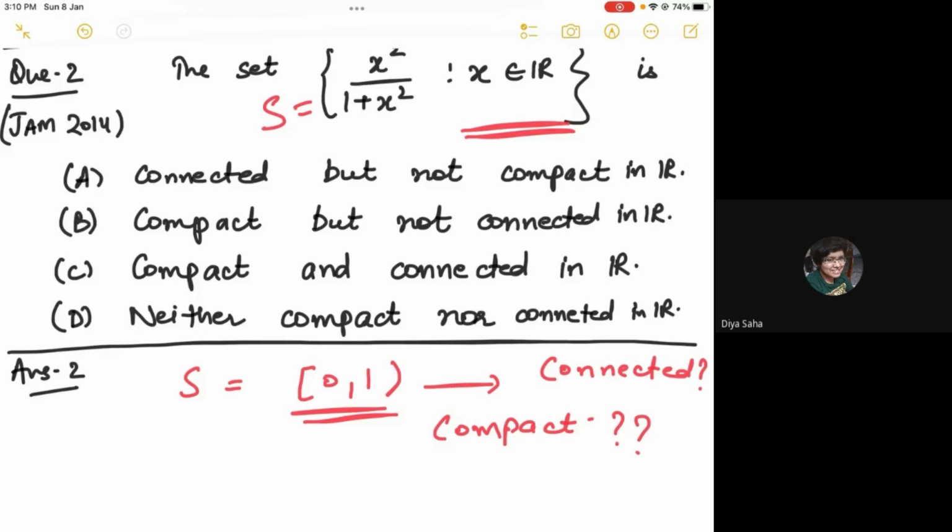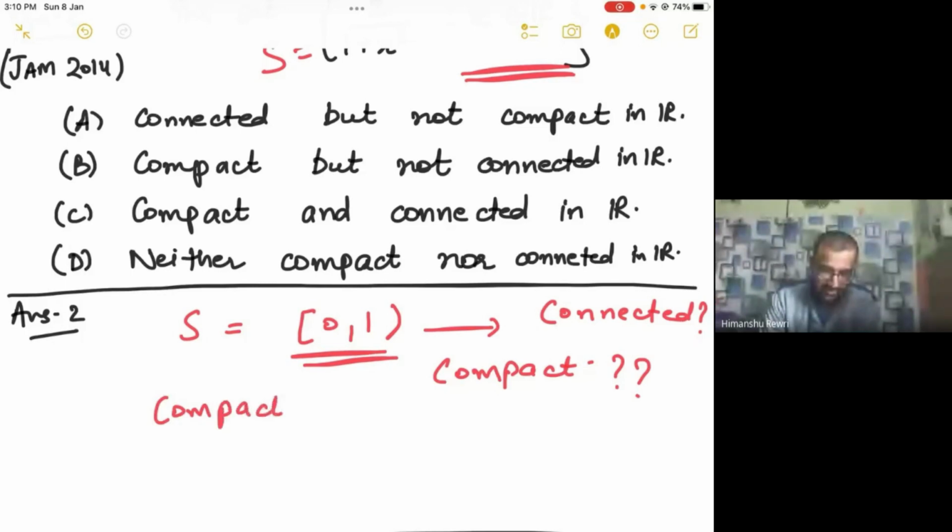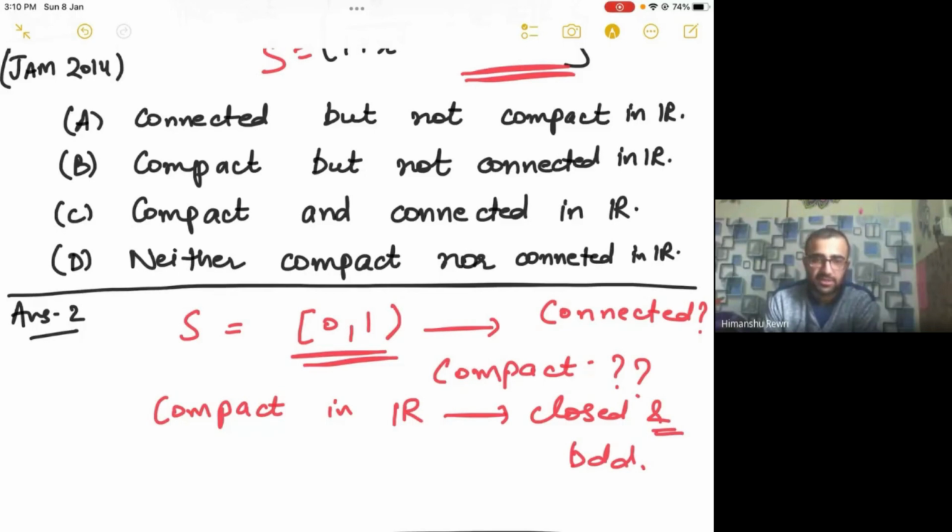It is not closed. Okay. The definition of compact in R is that it should be closed and bounded, and I am using it. So the set S is not closed. Why is it not closed?